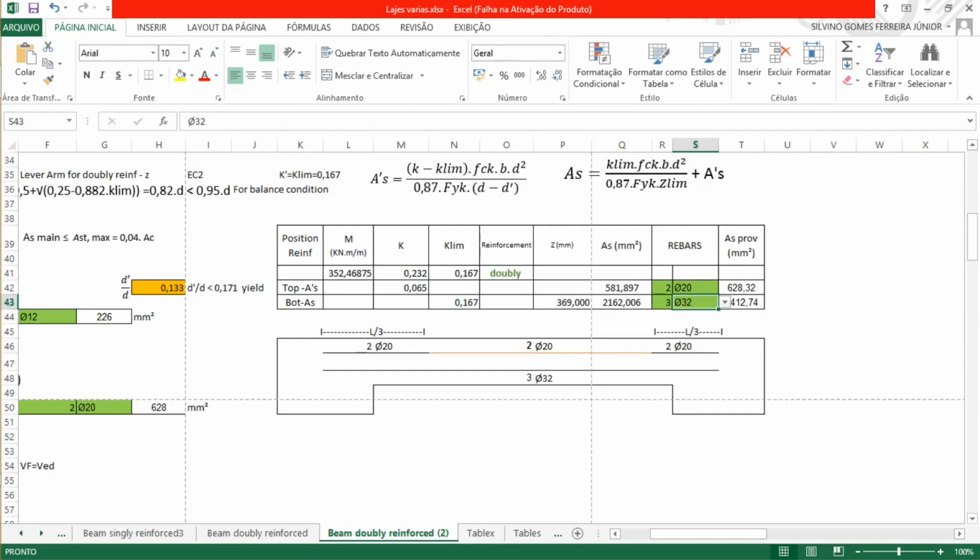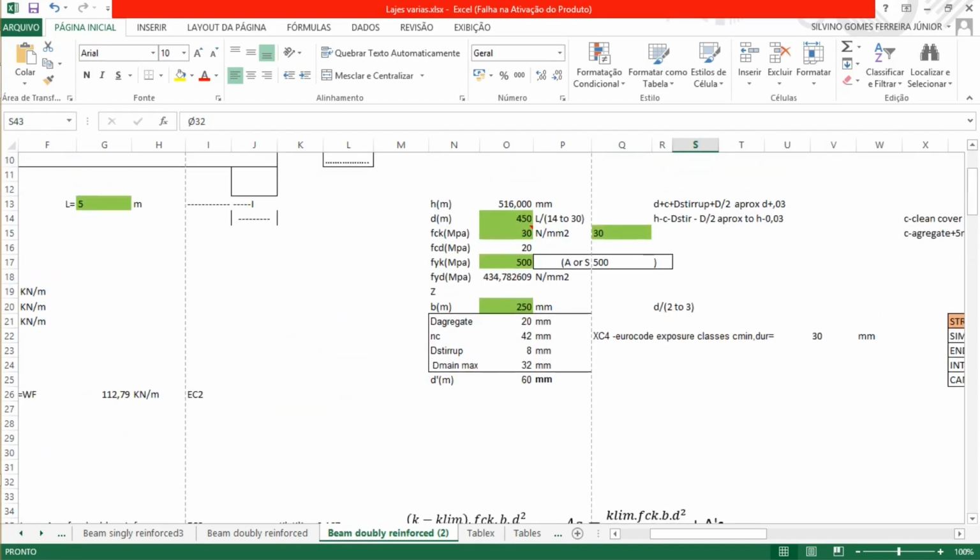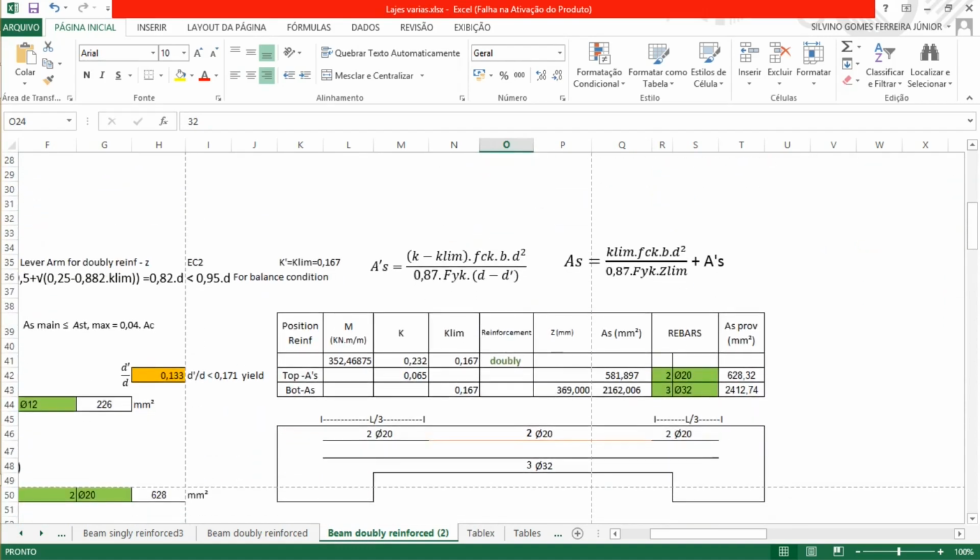It gave us 2412, so we are safe. It's a little more. We even adopted this diameter at the beginning, as you can see, to get to the D, the effective depth. And so that's why in the beginning we went to this one. If we put here diameter 25, we will get 1472.